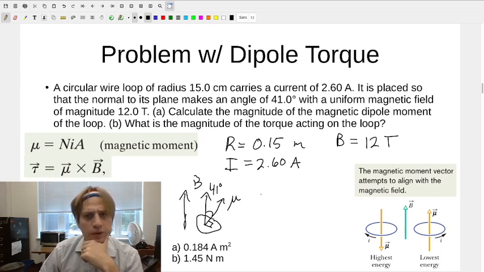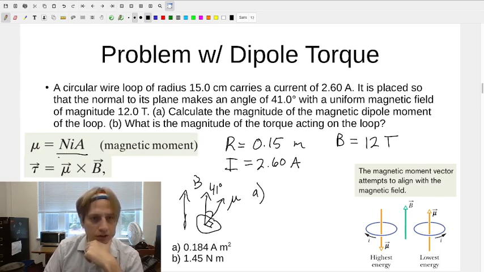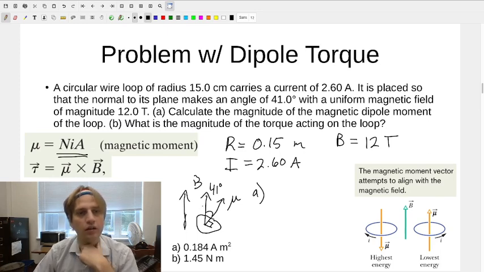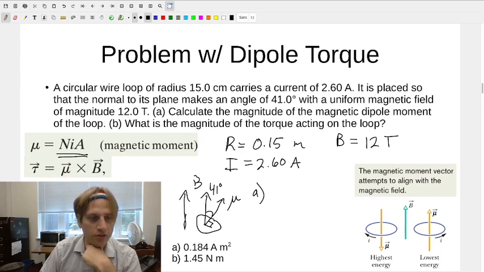Then I have two parts of this problem. Part A says calculate the magnitude of the magnetic dipole moment of the loop. Remember the magnitude of the magnetic dipole moment is number of times the loop goes around times the current times the cross-sectional surface area.